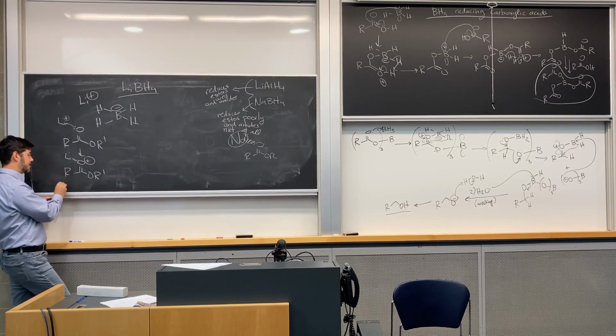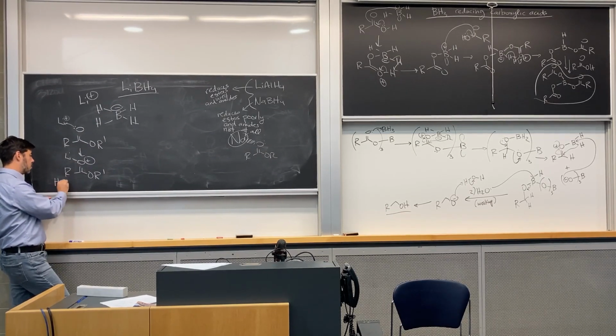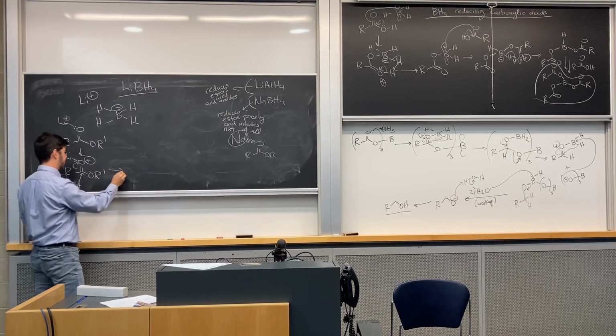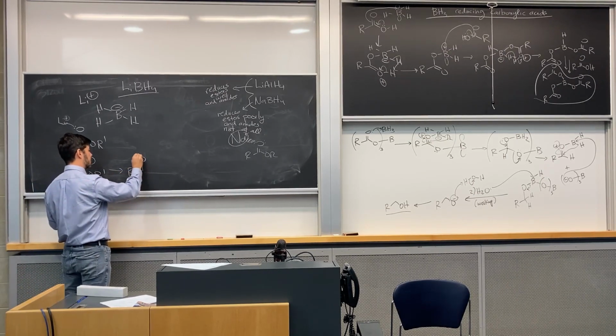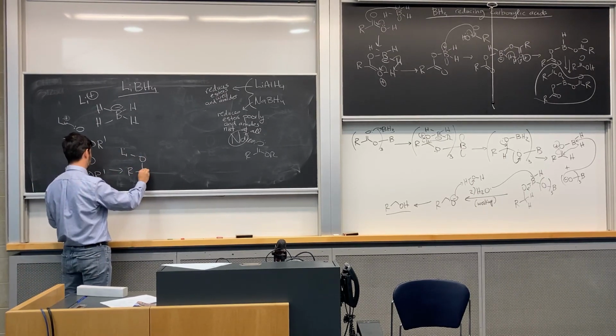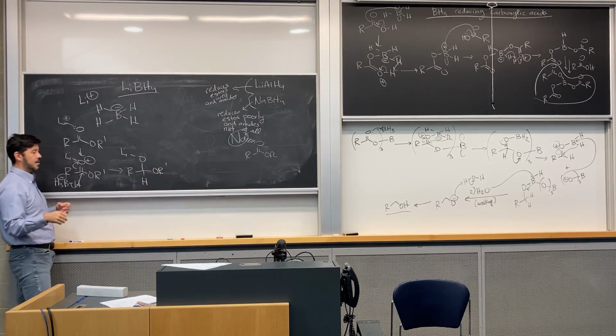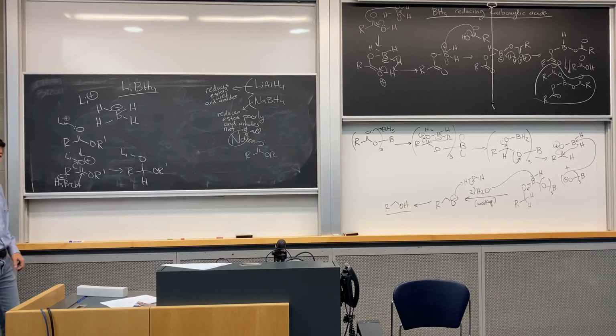So once that's activated, then you have your borohydride reagent. It's negatively charged, and the electrons will go up and react, like I'm showing you here, and you add a hydride equivalent to that molecule.